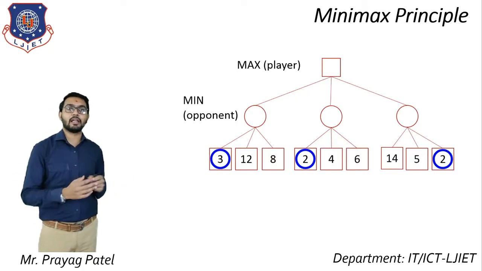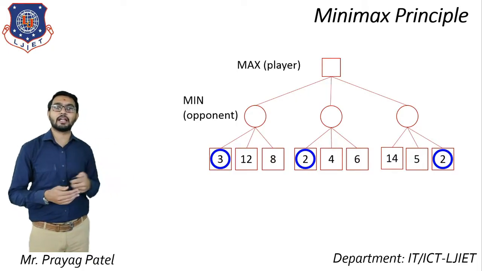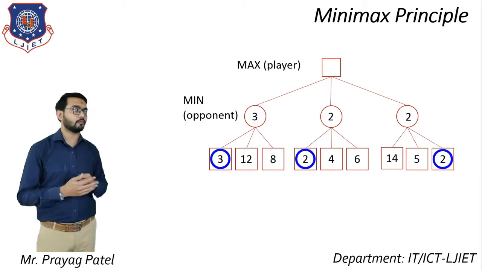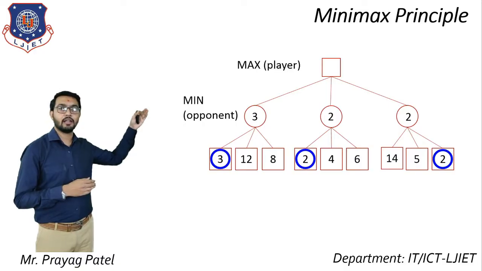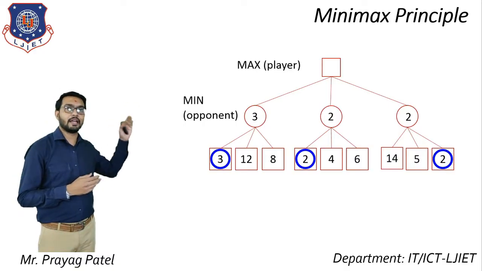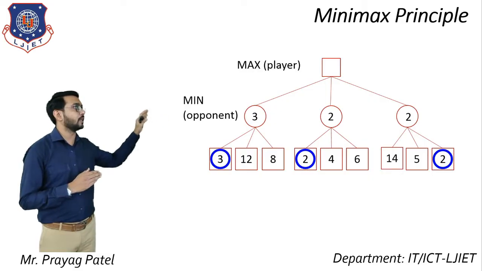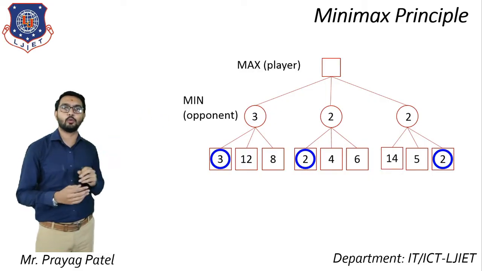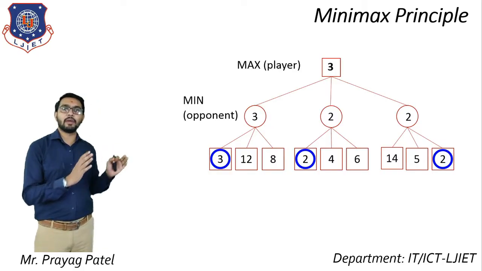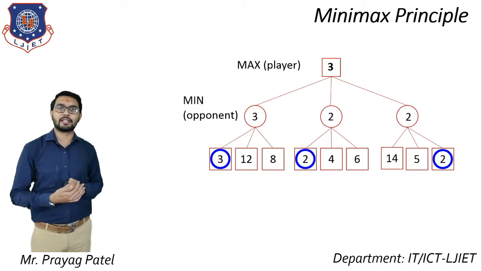So out of these three, the min player values selected are 3, 2 and 2. Now it is your turn, so consider yourself as the max player, and select the maximum value out of these three values 3, 2 and 2. So the maximum value is 3. So basically the minimax principle works on this criterion.